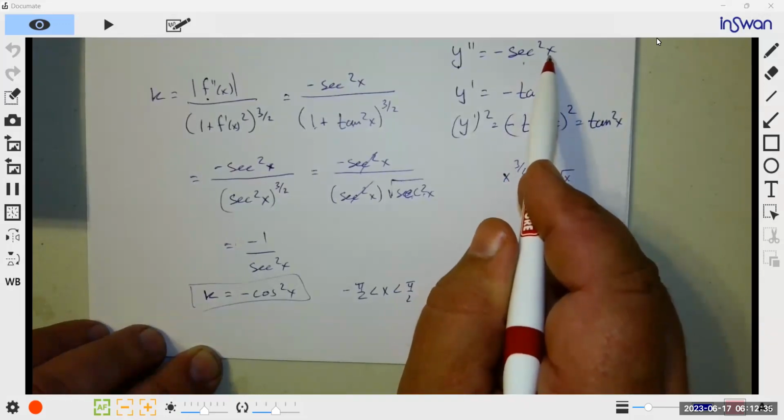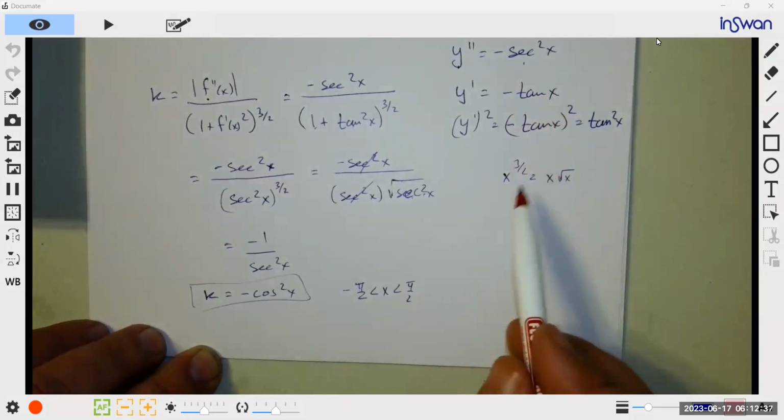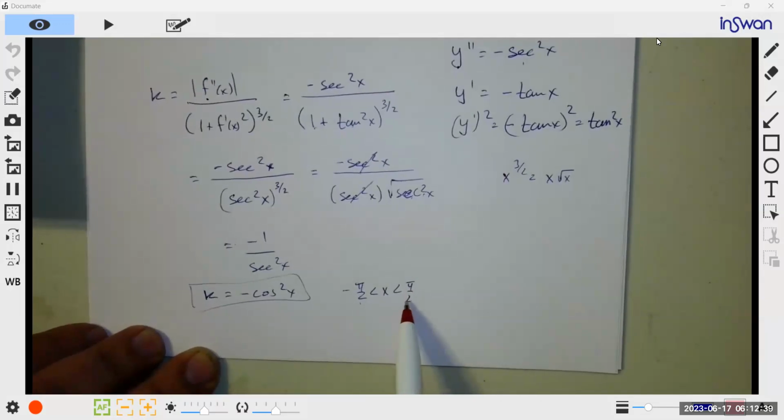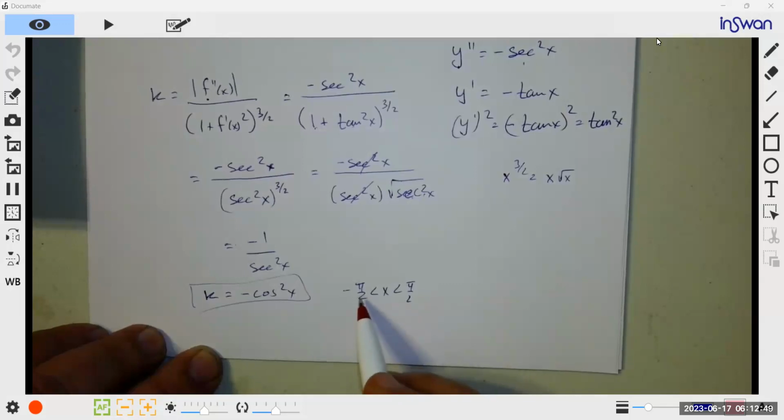So x cannot equal pi over 2. We know that already. So this is between pi over 2, and the point of inflection is the asymptote.